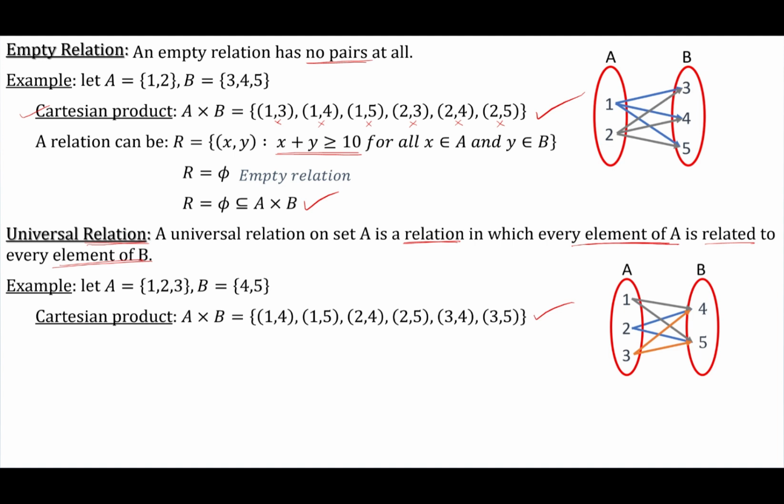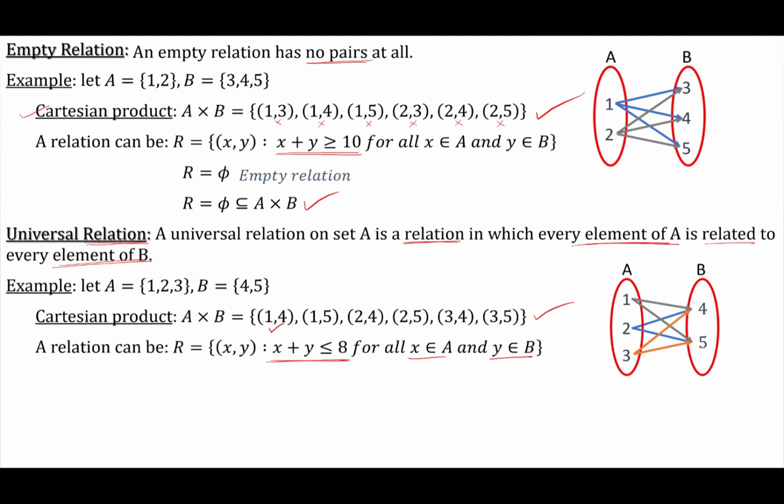Now let us define a relation such that x plus y must be less than or equal to 8 for all x belongs to A and y belongs to B. Now check from the Cartesian product. 1 plus 4, 5, which is less than 8. 1 plus 5, 6, less than 8. 2 plus 4, 6, less than 8. 2 plus 5, 7, less than 8. 3 plus 4, 7, less than 8. 3 plus 5, 8, which is equal to 8. So all are under this relation.